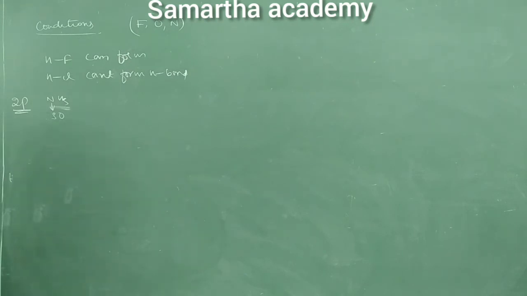Even though nitrogen and chlorine have the same electronegativity, nitrogen can form hydrogen bonds, but chlorine does not form them easily.